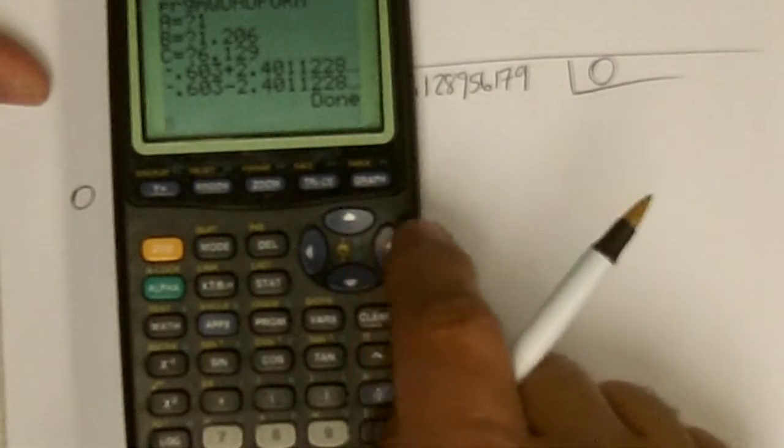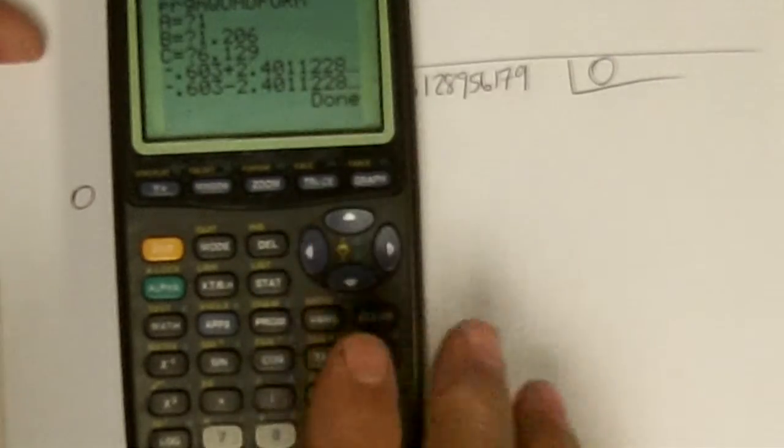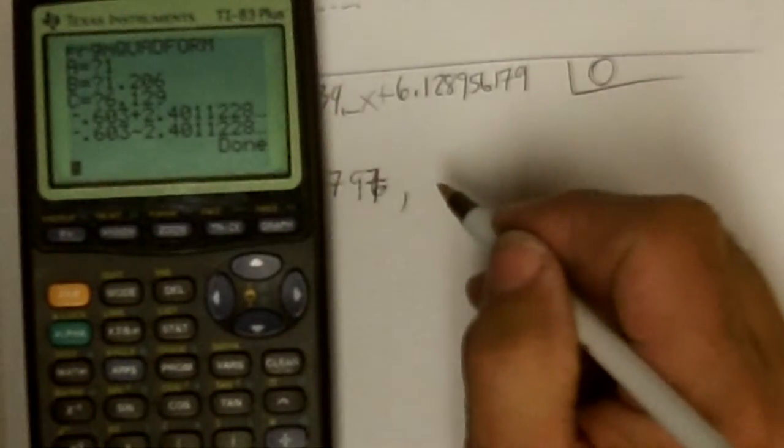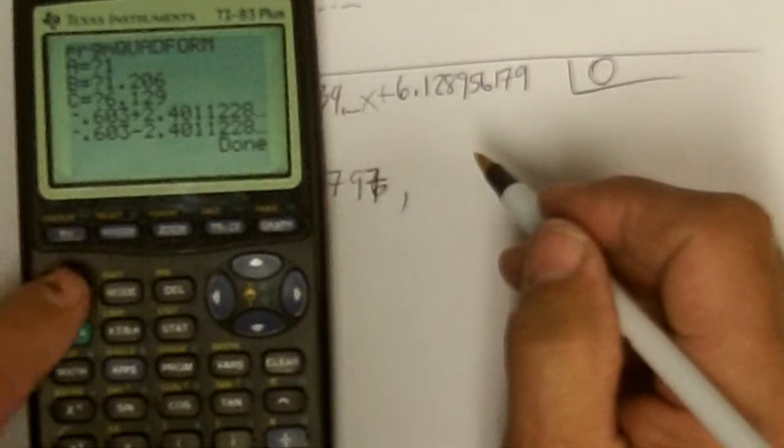And if you're having trouble doing it, it's because they're imaginary, because we don't see the graph.